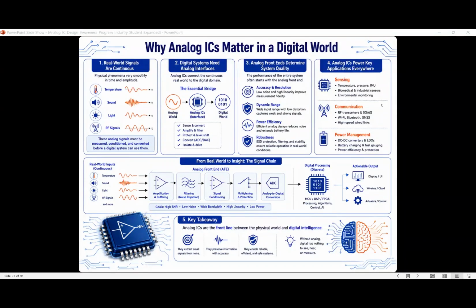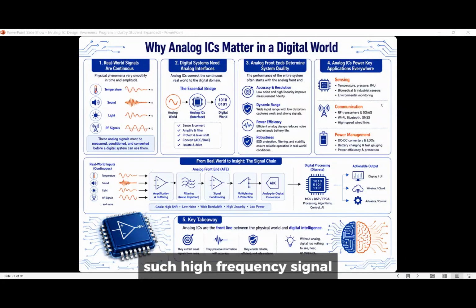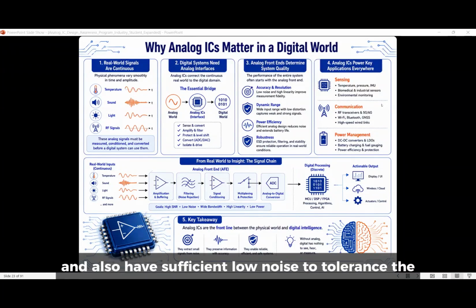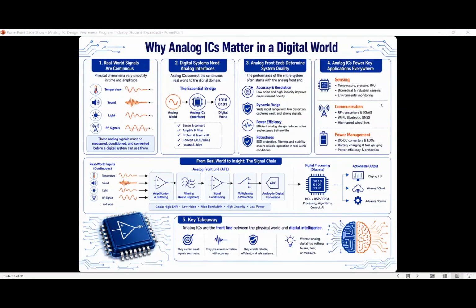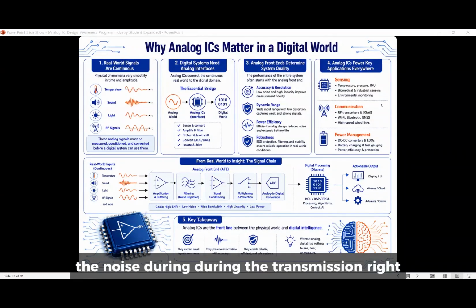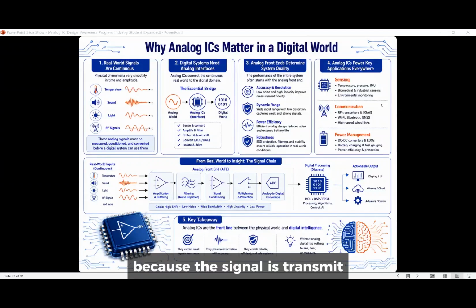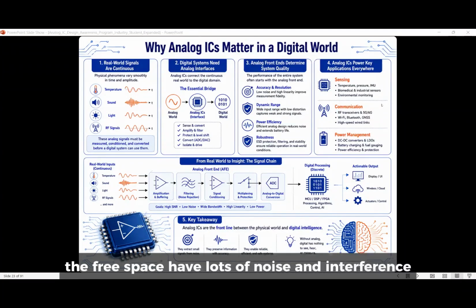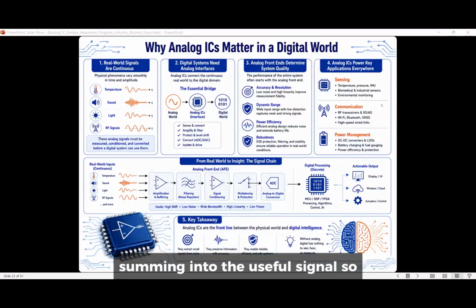amplify such high frequency signals and also have sufficiently low noise to tolerate the noise during the transmission, right? Because the signal is transmitted and propagates through free space. Free space has lots of noise and interference summing into the useful signal.